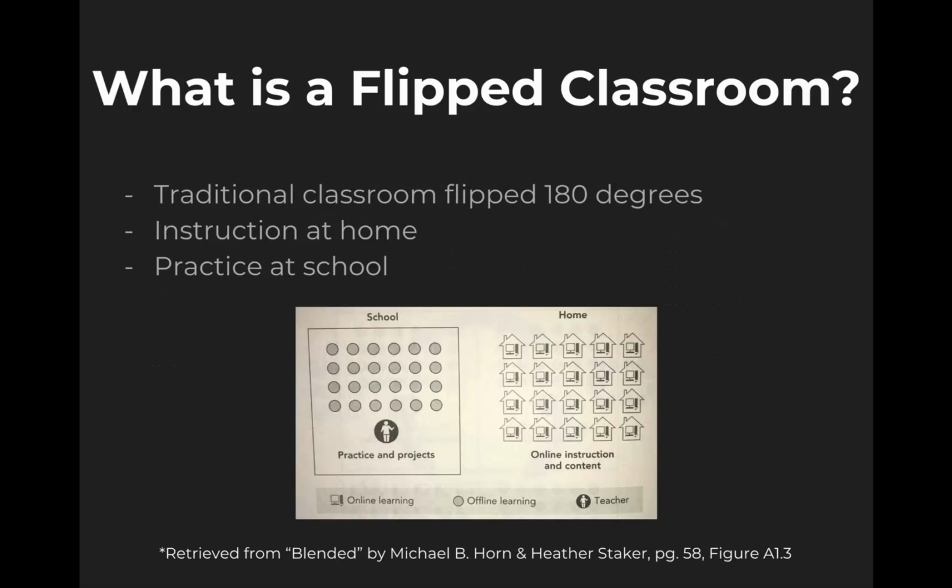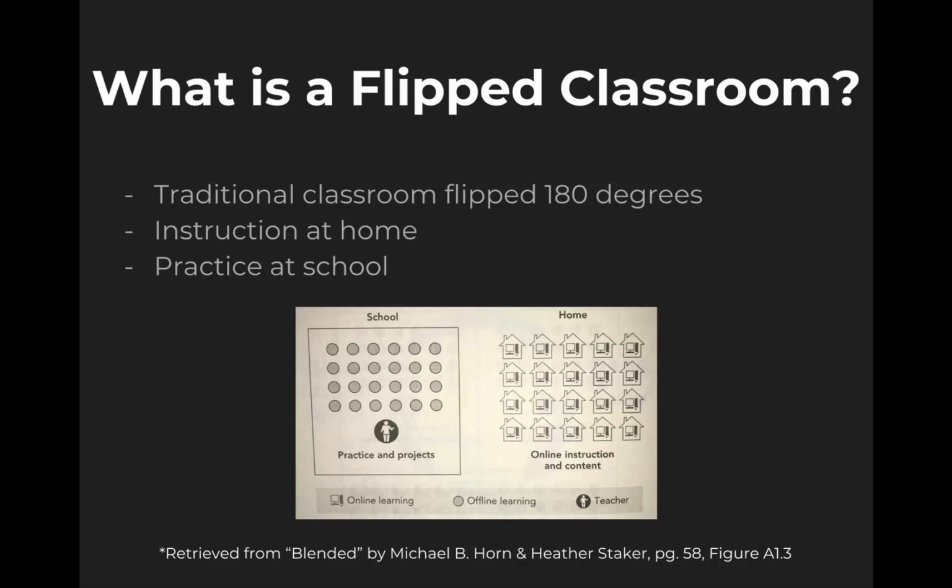So it is a traditional classroom flipped 180 degrees, so the instruction is at home and the practice is at school, whereas in a traditional classroom, the instruction is at school and the practice is at home through homework.